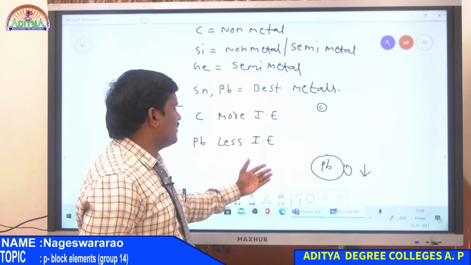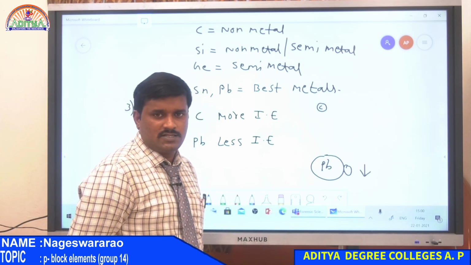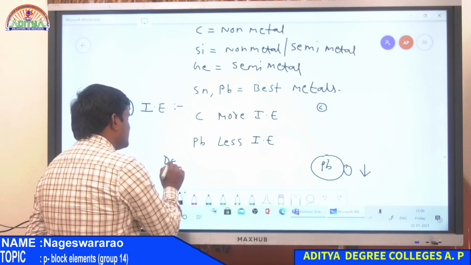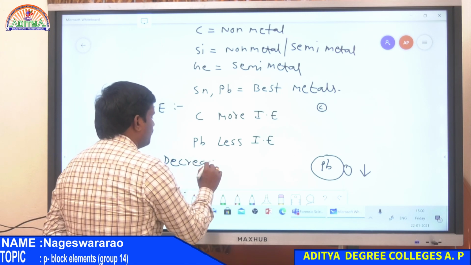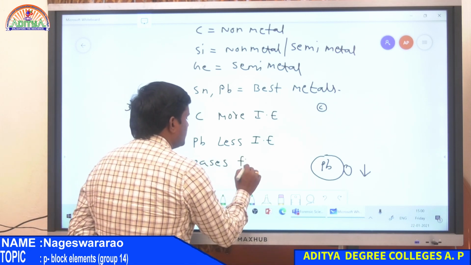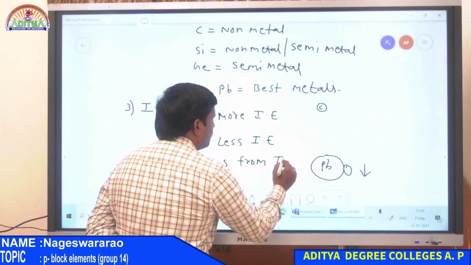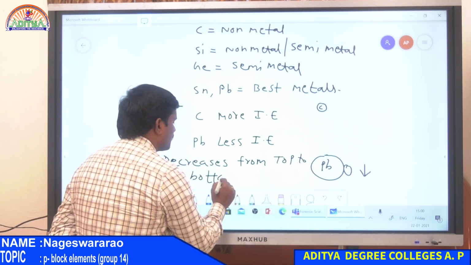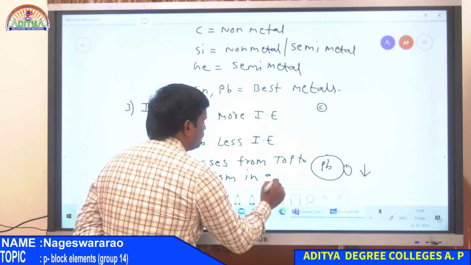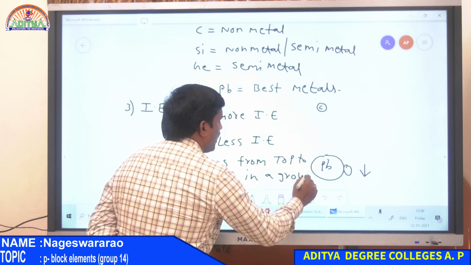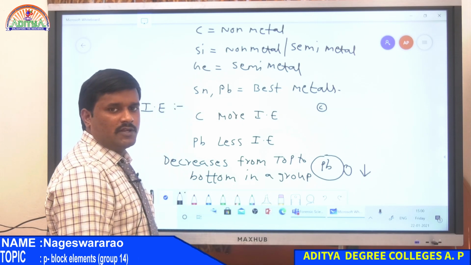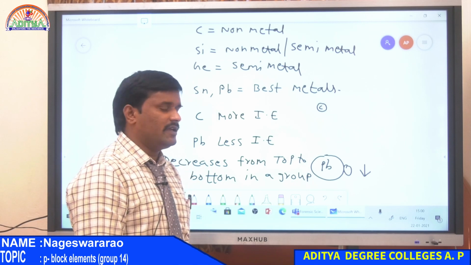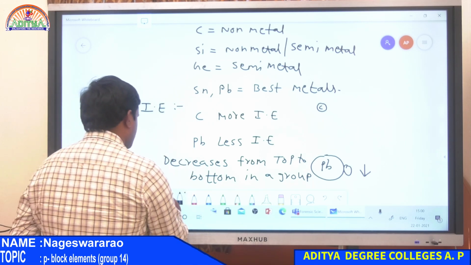Therefore, ionization energy always decreases from top to bottom in a group. This is the conclusion for ionization energy: the values always decrease from top to bottom because the size of the atom increases.